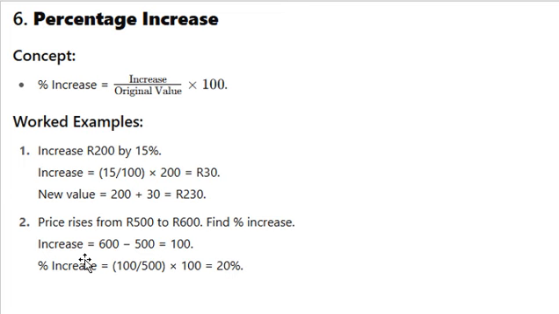This kind of concept gives us a broad understanding of something called VAT, the value added tax, and how it is done. We are always charged that value added tax on whatever we buy, mostly in retailers.